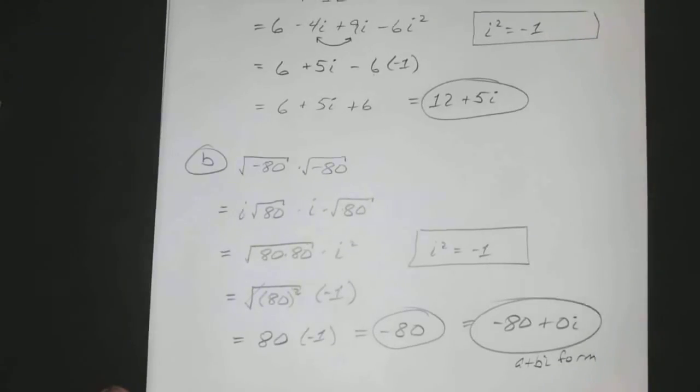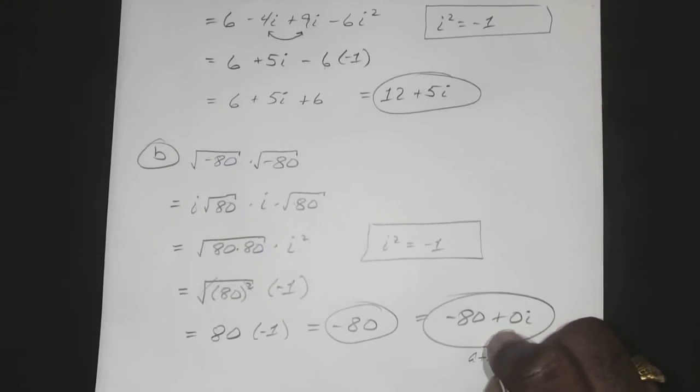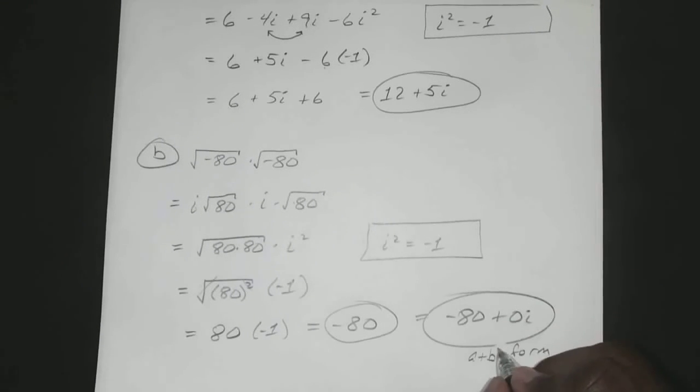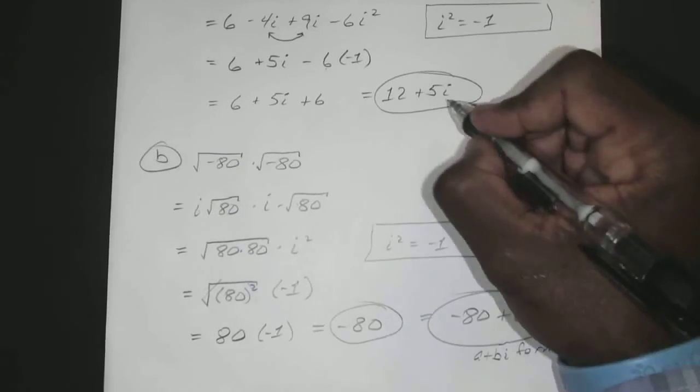Oh, let me move this over a little bit. Okay. Clean that up just a bit. Okay, so that's our a plus bi form. And this is our a plus bi.